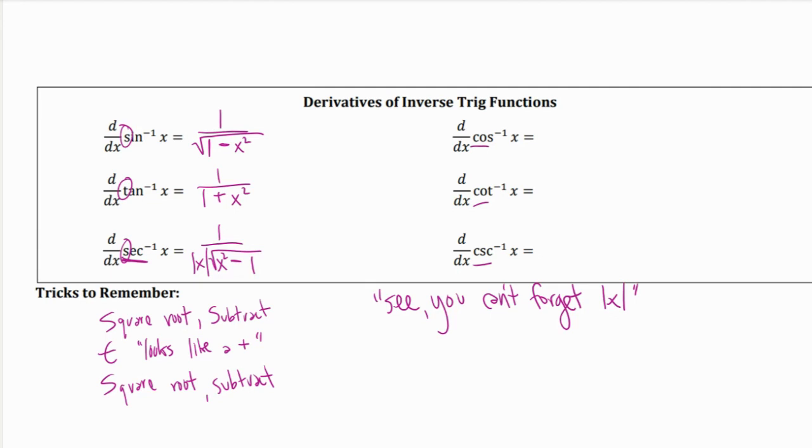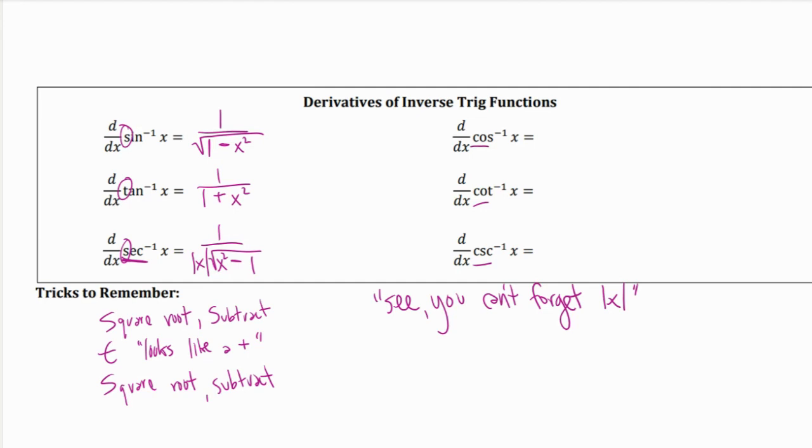Now, what about the co-functions? So I want you to think to yourself, what's the derivative of sine? Cosine. What's the derivative of cosine? Negative sine. What's the derivative of tangent? Secant squared. What's the derivative of cotangent? Negative cosecant squared.